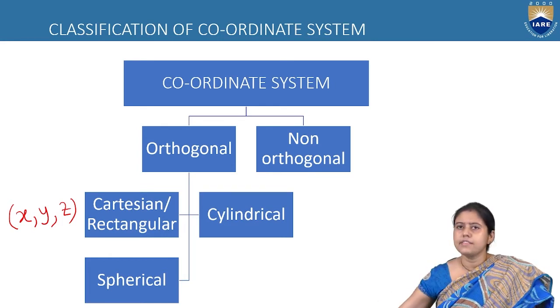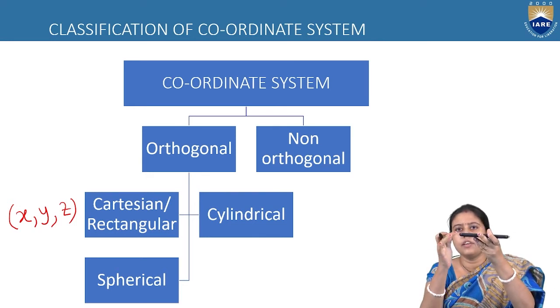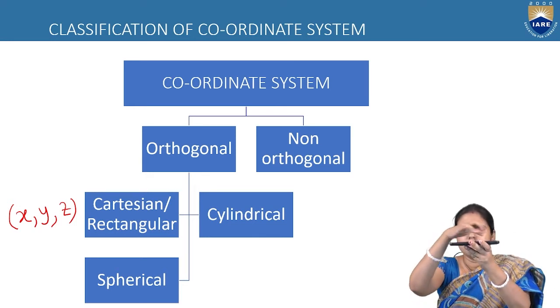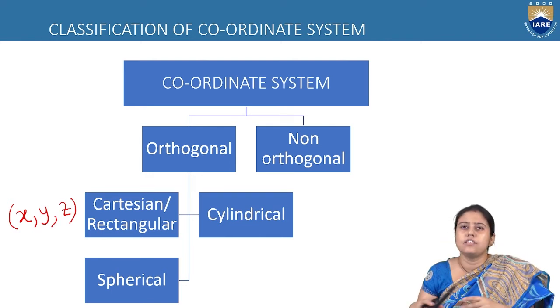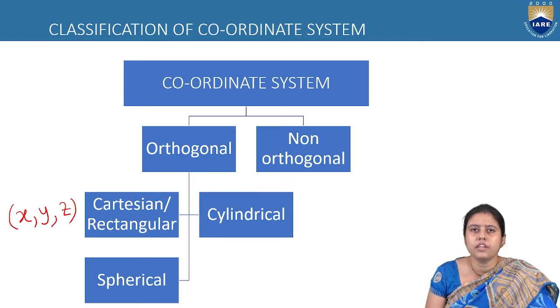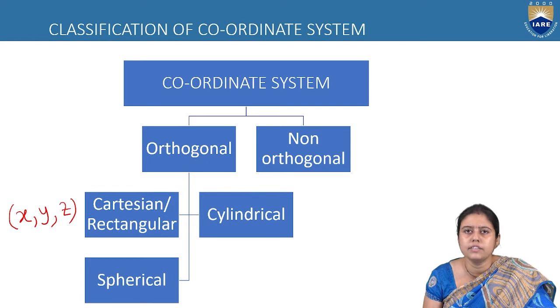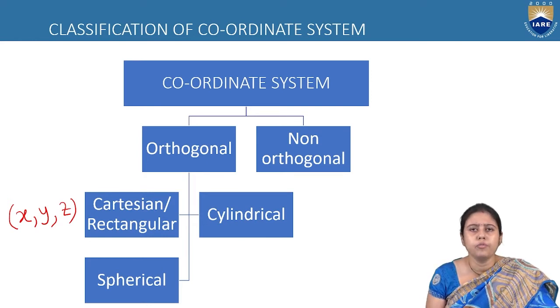We can take the example of the mobile. This is a 3-dimensional thing. So this is our x-axis, this is our y-axis and the height is the z-axis. Any 3-dimensional thing we can divide into 3 axes: one is x, one is y, another one is z. So generally for our daily life we use the rectangular or Cartesian coordinate system.